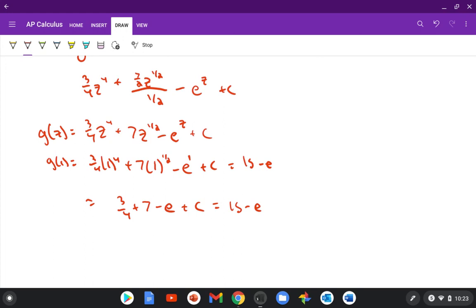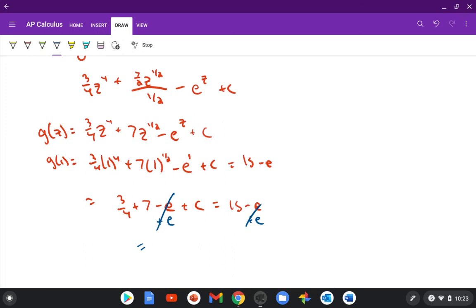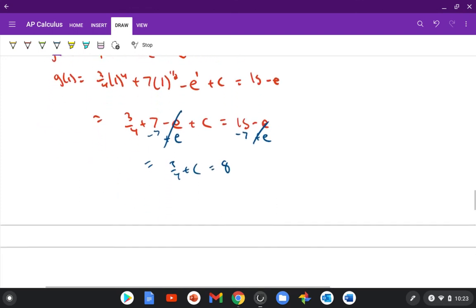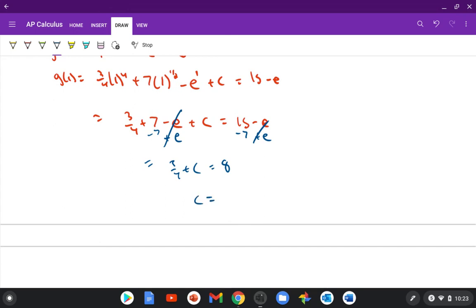But what happens when you add this e over is it actually cancels with that e. So those wipe each other out. If we just subtracted the 7 over, we would get 8. So 3/4 plus c equals 8. Then subtract the 3/4. Well, this is 32/4. So that would be 29/4 for c.